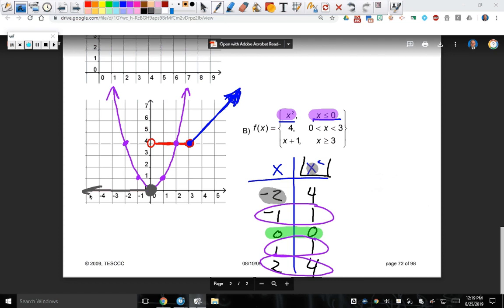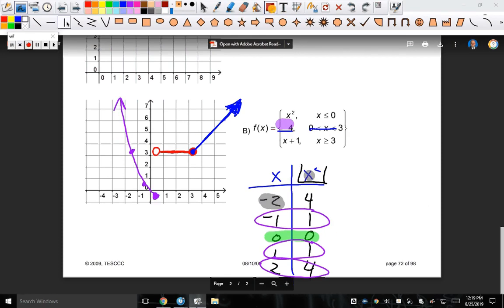Okay? So that means all of this extra stuff is going to go away. We're going to erase it because it's not on that interval that we were wanting. Let me fill that back in as red. And this is our graph. Notice it passes the vertical line test.